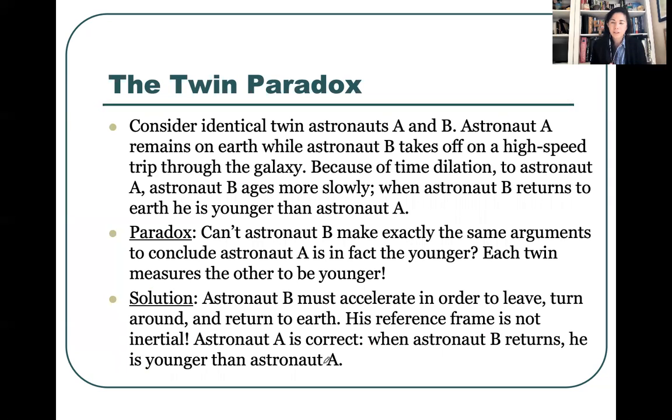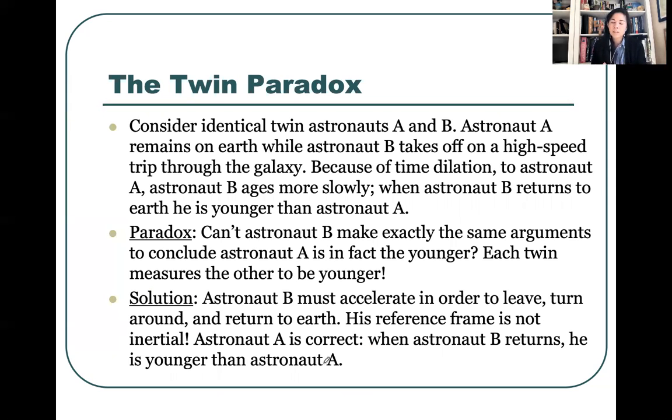Are you telling me that if we take two identical twins, who are astronauts, which we'll call astronaut A and astronaut B, astronaut A stays on Earth while astronaut B takes off on a high-speed trip through the galaxy?